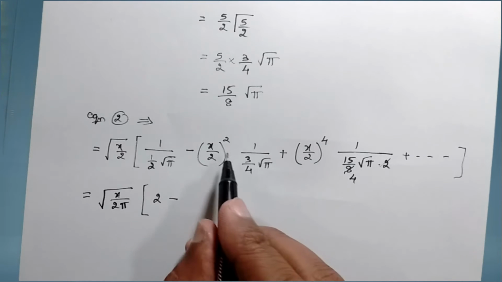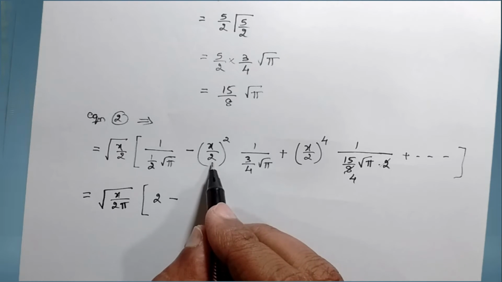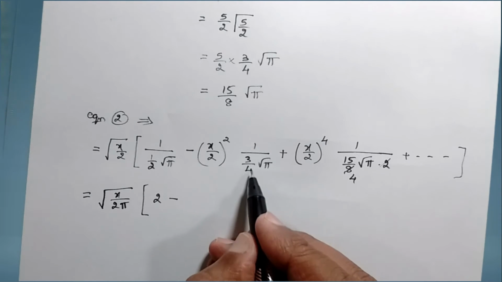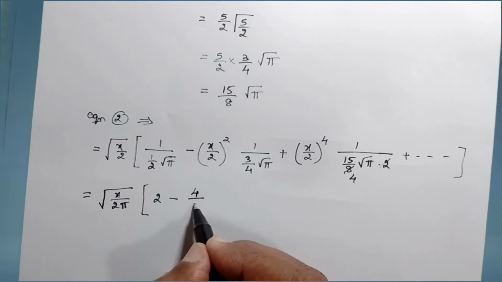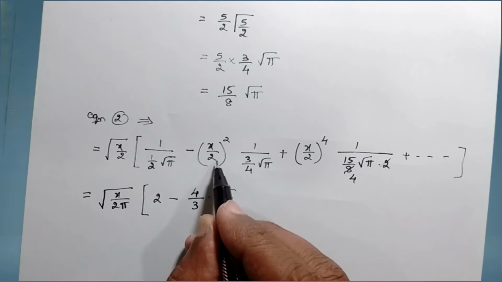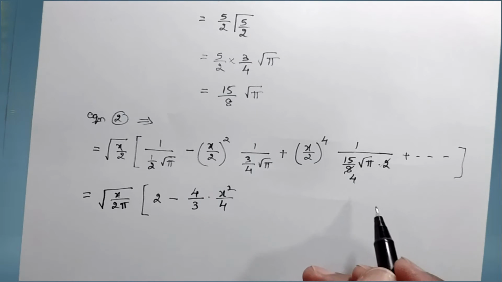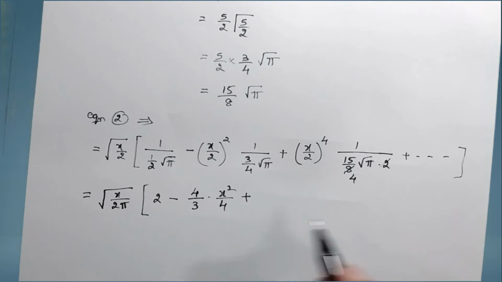this is how much? This is x square by 2 square. 2 square will become 4, and 3 by 4 is there. You can write 3 by 4 in the numerator, it becomes reciprocal 4 by 3 into x square by, so 2 square will become 4. Root pi is already taken common outside. Next term is positive.